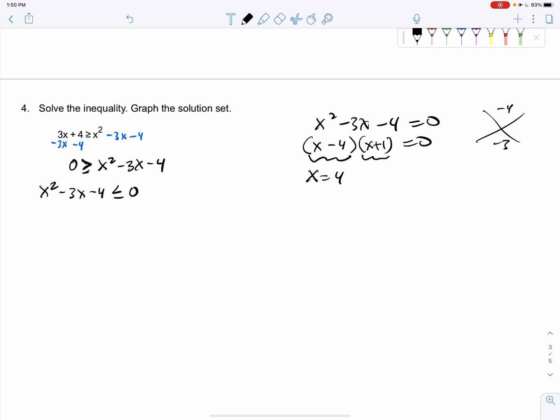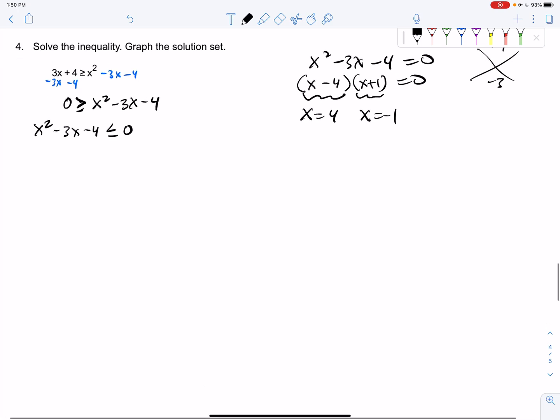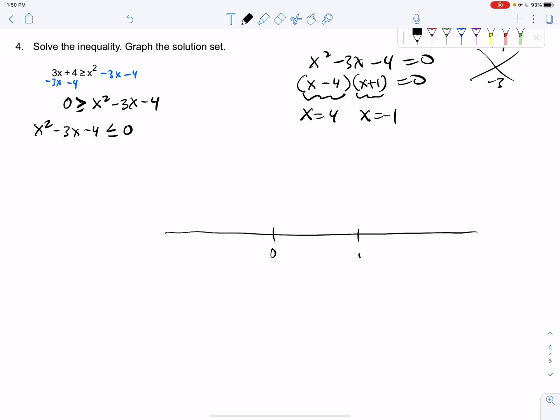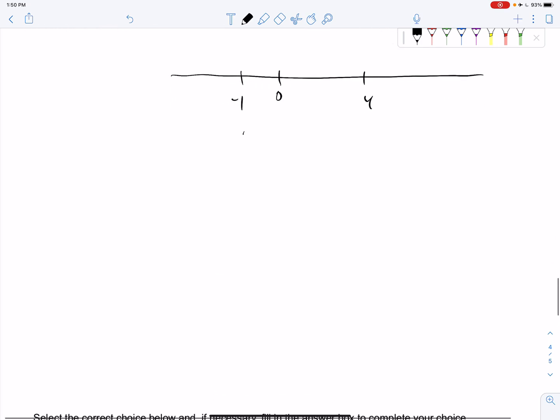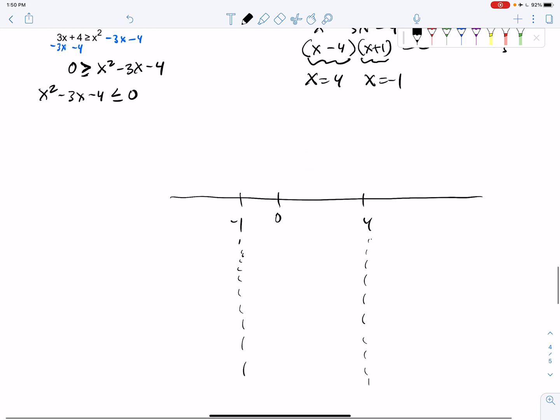Set the next factor equal to 0, x equals negative 1. Those are our critical points. 0, we've got 4 out here, we've got a negative 1 right here. Let's take a look what our critical values would be. Well, we've got the critical values. Let's find some test points.